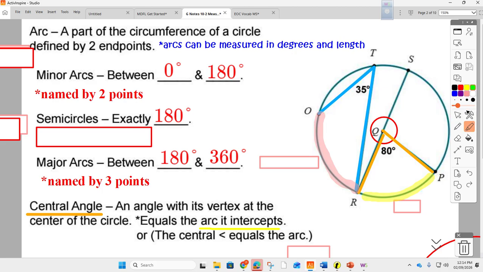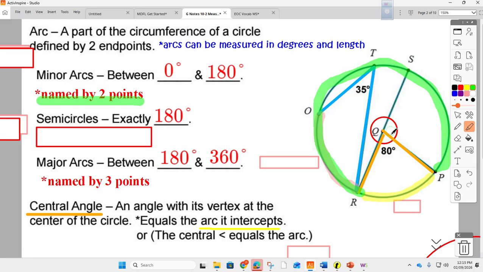Well, why couldn't I call this one arc RP too? This arc starts at R and ends at T, right? How do I tell the difference? Well, the way we tell the difference is how we name them. If we name it by 2 points, we know it's less than 180 degrees. And we can see that because this is the diameter.